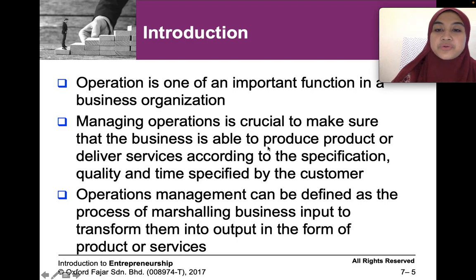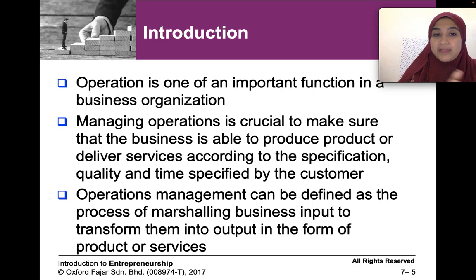So managing operation is crucial to make sure that the business is able to produce product or deliver services according to the specification, quality and time specified by the customer. It is very important for the company to make sure that the business is able to produce product or deliver service according to the specification, quality and time, to make sure that the number of orders is always continuous and there is no shortage of output or product.